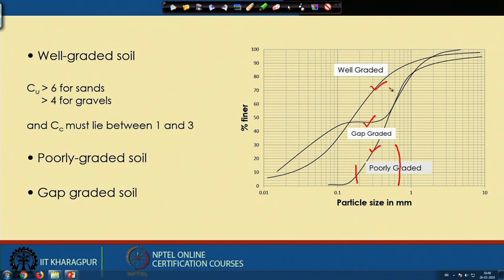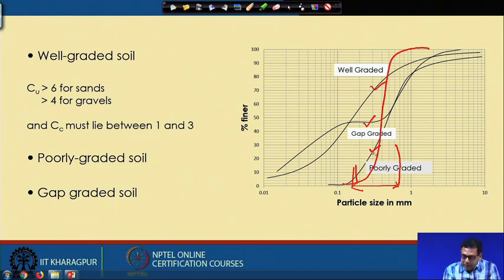That means say 70 to 80% of the soil is within this particle range. Or this graph can be like this also. So, that means one particular particle size is excessively present in the soil. We can see this particular range of soil particles is excessively present in the soil.